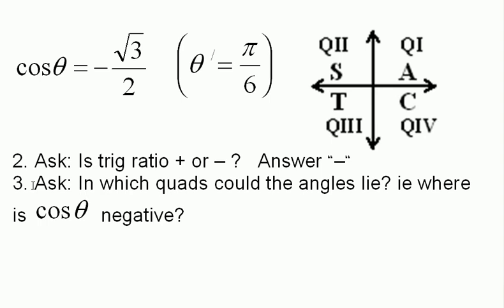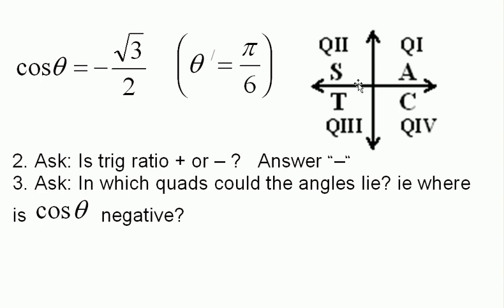So I can now move on to step 3, which is to ask, in which quadrants could my angle theta possibly lie? This is the same as asking, in which quadrant is cosine theta negative? Well, if we have a look at this diagram over here, you will see the word CAST starting in your fourth quadrant, C-A-S-T.